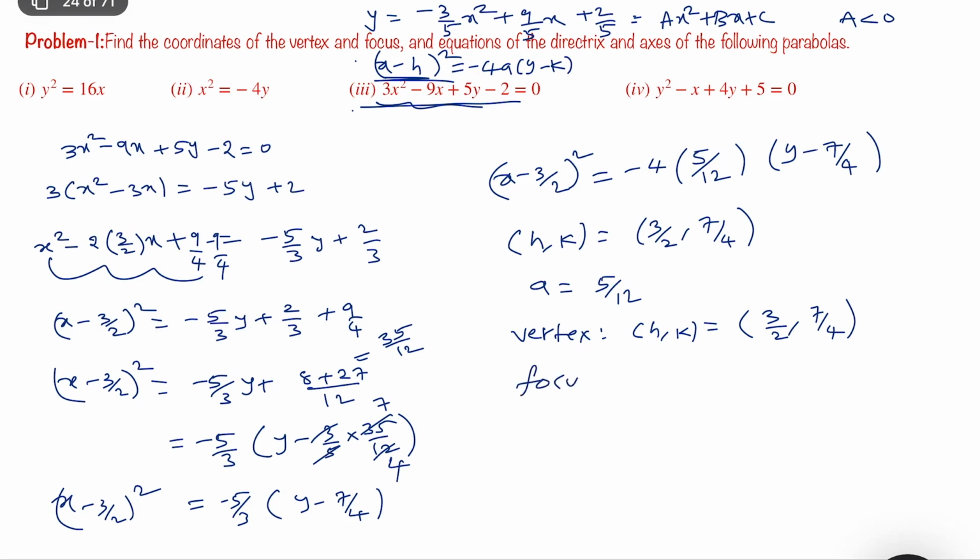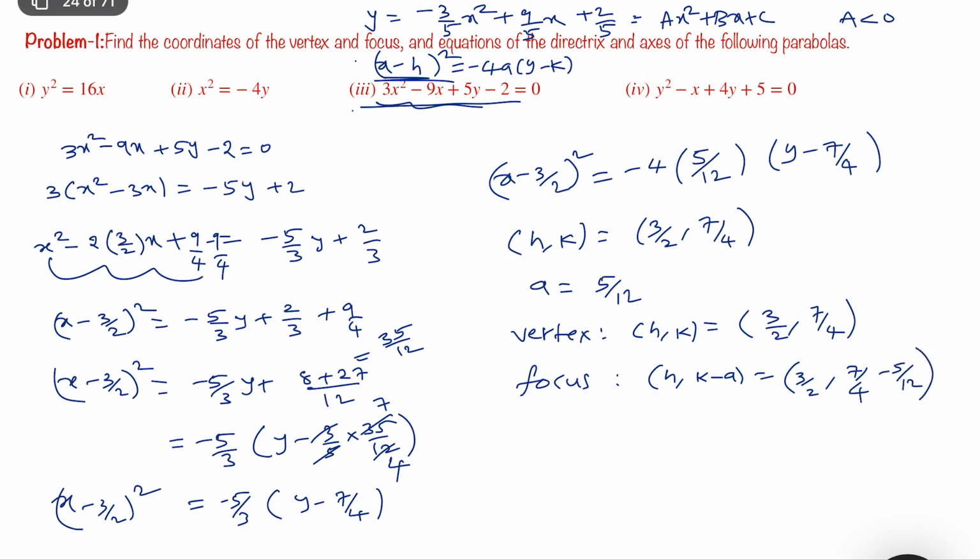And the focus, what is the focus for this one? It's going to be h comma k minus a. So it's going to be 3 by 2 comma 7 by 4 minus a. What is a here? 5 by 12.